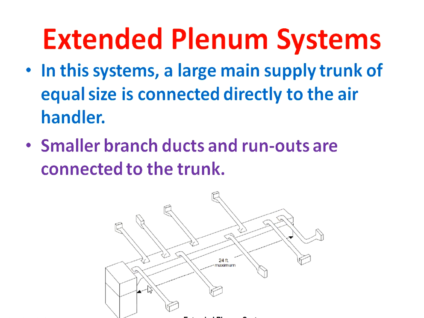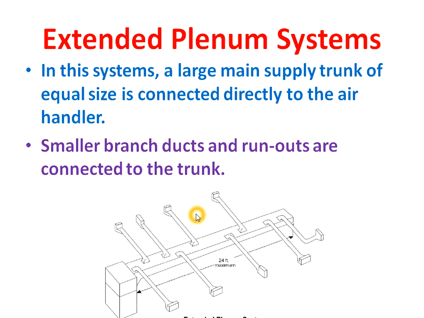Its maximum length is 24 feet. It should not be greater than 24 feet. And from this main duct, some runouts are connected. These are runouts, and we also call these branch ducts. These are connected to the main duct.